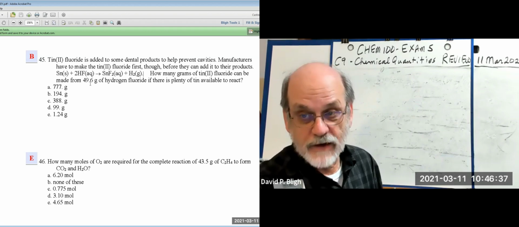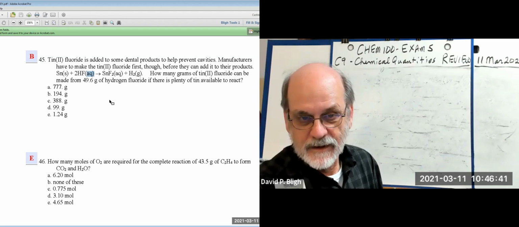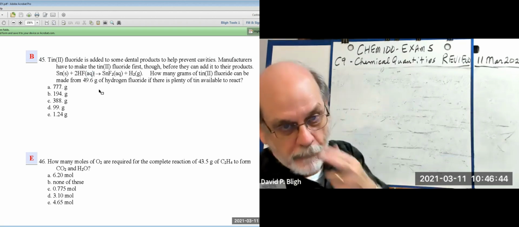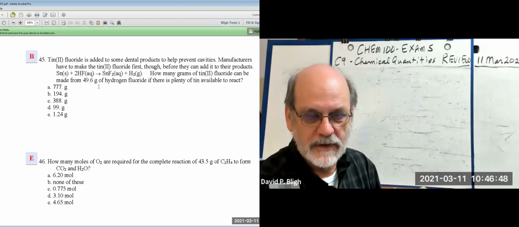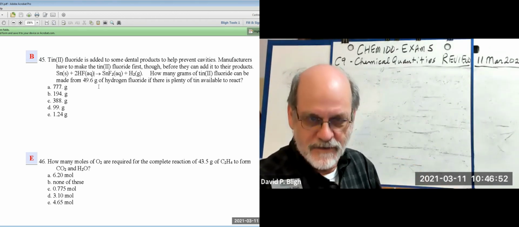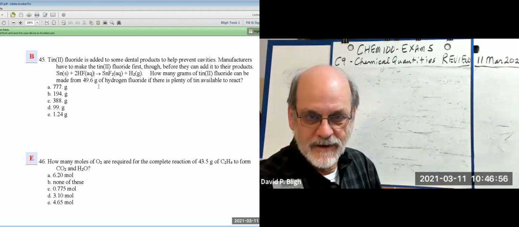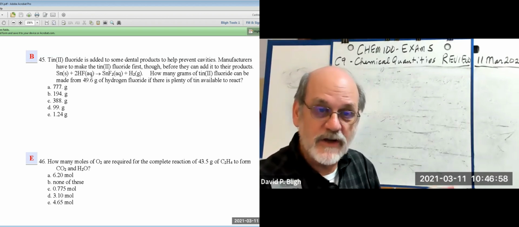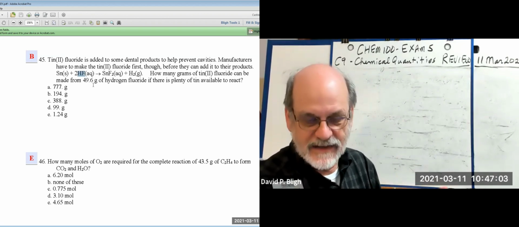They should have said hydrochloric acid because it's aqueous, but technically that's okay. 49.6 grams of hydrogen fluoride is accurate. If they had said volume of HF, it would have been hydrofluoric acid. But since they're saying grams, they're looking at the mass of that compound and not the state that it's in.